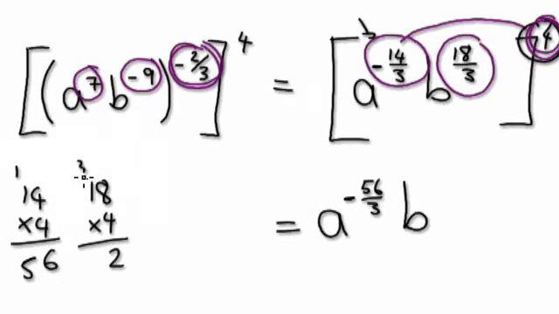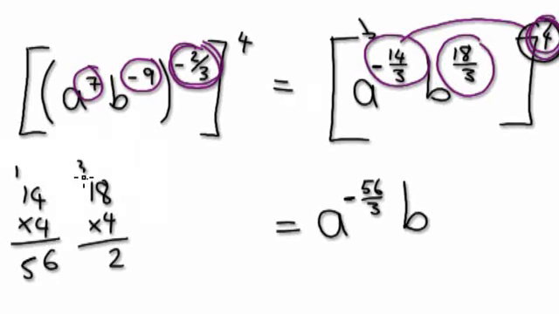Okay, or you could visualize it like this. The minute you see this here, you could visualize it as 1 over a to the power of 56 over 3 times b. Oh, sometimes I use a times like this, sometimes I use a dot. It doesn't really matter much.